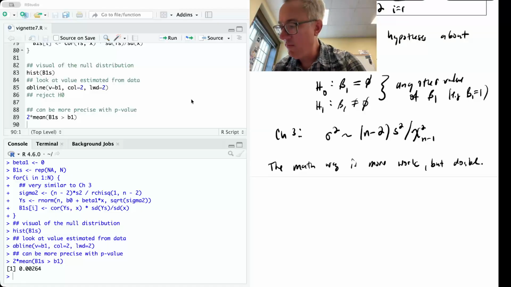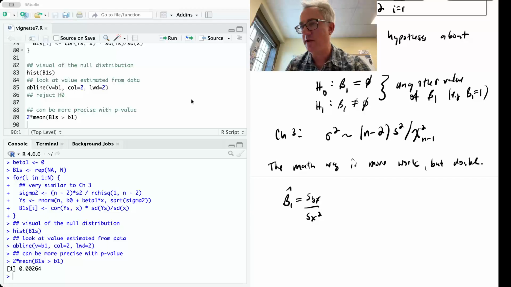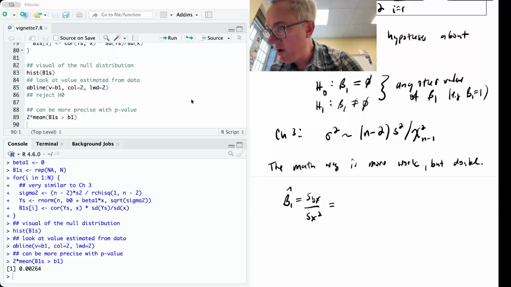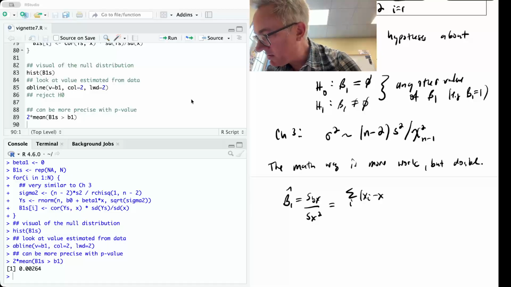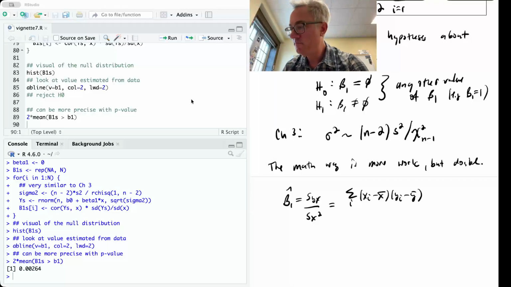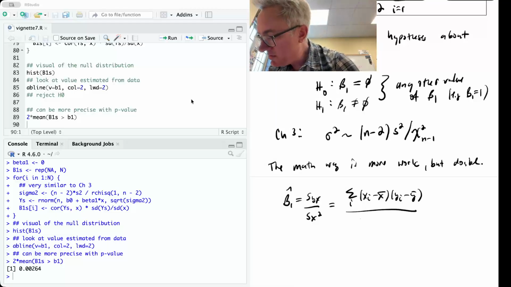Okay, so let me remind you that beta 1 hat is Sxy over Sx squared. We wrote that down above, and just to write that all out, I've got a sum of xi minus x bar, yi minus y bar, divided by the sum over i of xi minus x bar squared.